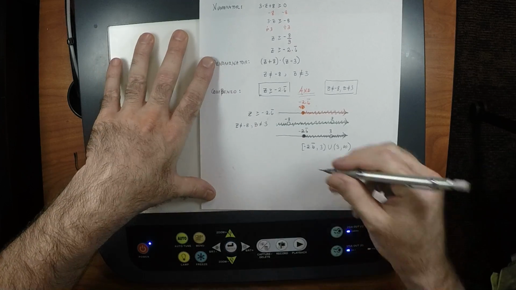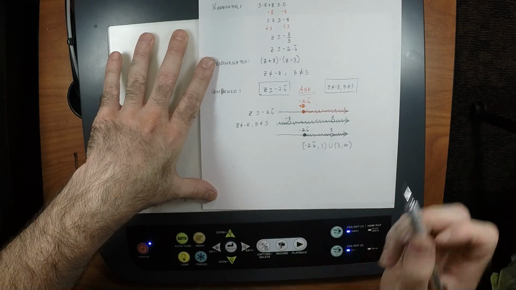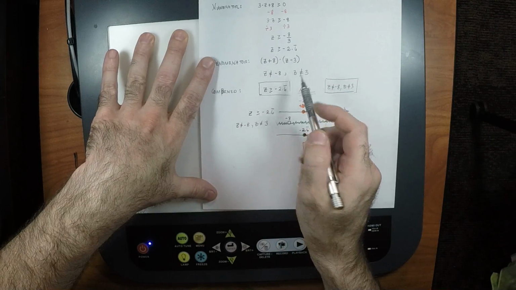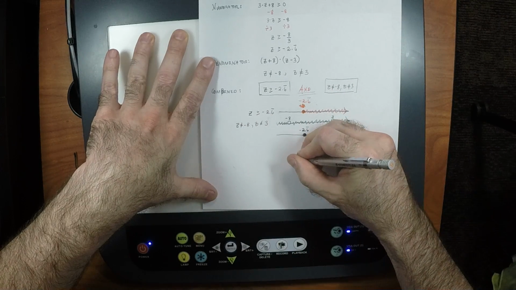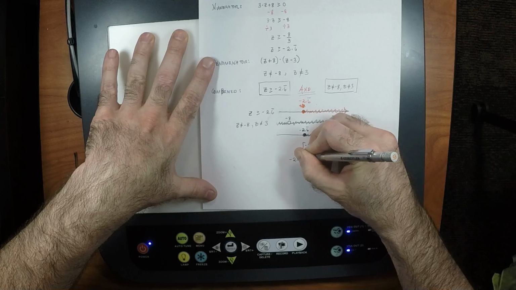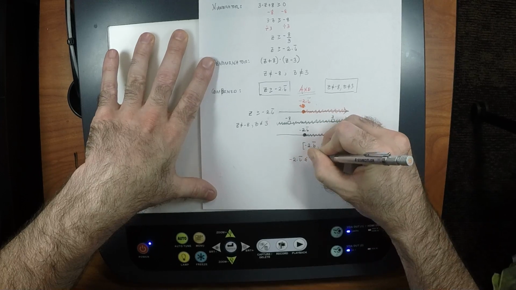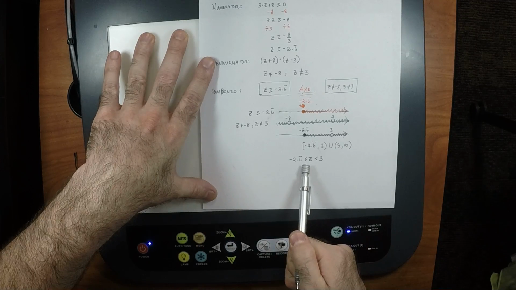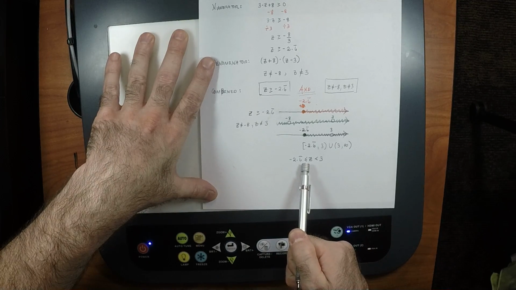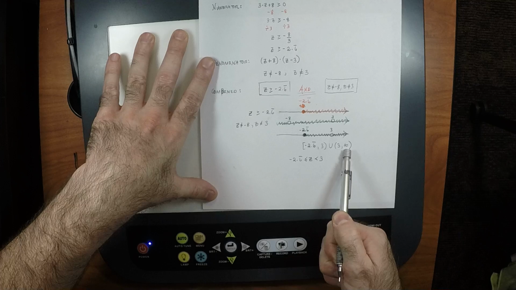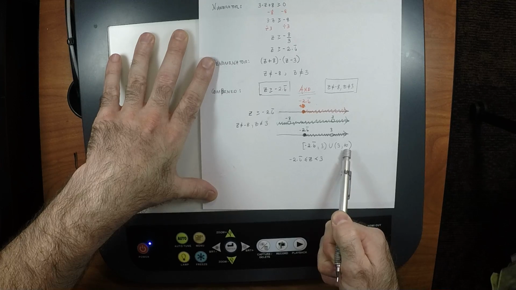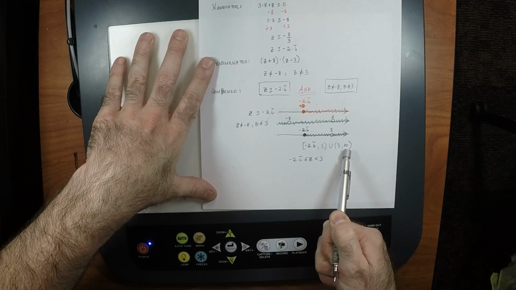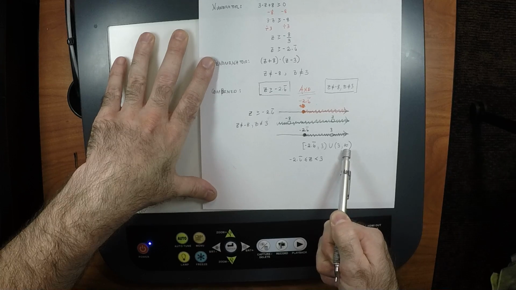And then if you wanted to write this with inequalities, you could say -2.6 repeating less or equal z less than 3. So that's how you could write that piece. And how could you write that piece? With inequalities.